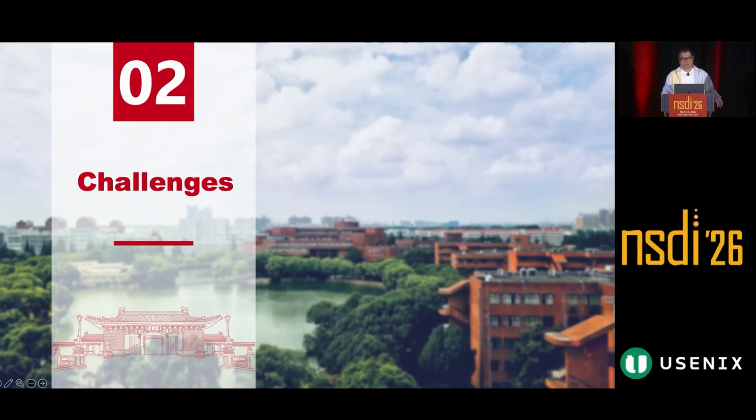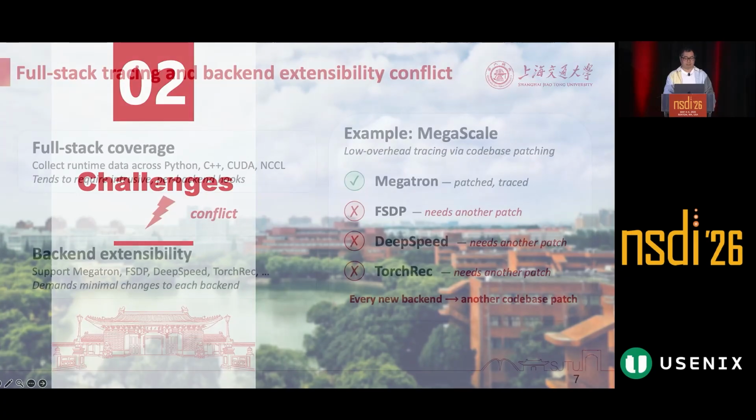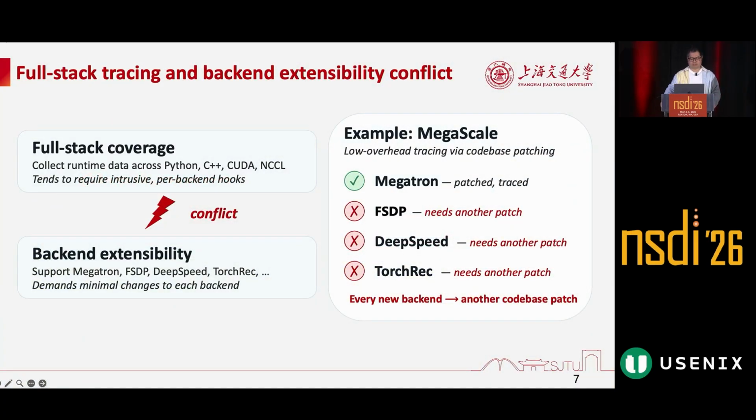Next, let's talk about what makes building this hard. We have 2 specific challenges. At first, regression needs to track the full stack of LLM training, which means connecting runtime data across Python, C++, CUDA, and then CCL, so you have to instrument all those runtimes. Meanwhile, the algorithm teams are using various backends like Megatron, FSDP, and DeepSpeed, and it is quite possible to have new ones in the near future.